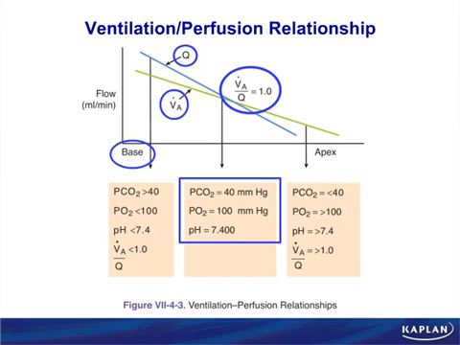And let's say that that's perfect VQ. And if I have perfect VQ, then I'm going to have perfect textbook alveolar gases. PCO2 will be 40, PO2 will be 100, pH will be 7.4. So a perfect VQ, perfect matching is 1. And that gives me textbook alveolar gases. Okay, we'll start with that construct.